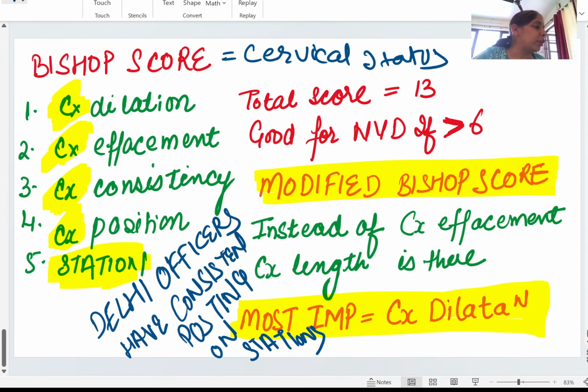Right? This is the mnemonic for it. Delhi officers have consistent postings on station.